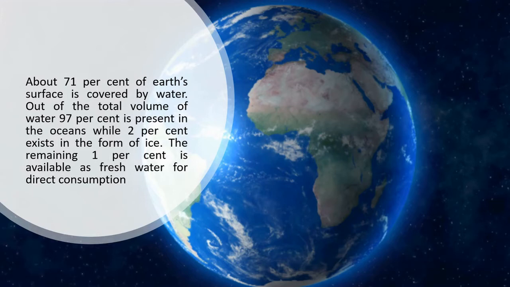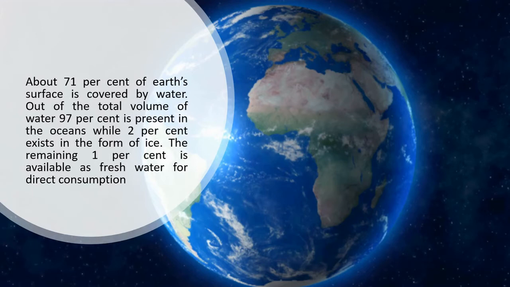We cannot drink oceanic water, it is very saline and salty, and 2% water is in the form of ice. Only 1% water is what we can use. So we have to use water very carefully at home, while brushing, while having a bath, or doing any work. Take care that you do not waste water.